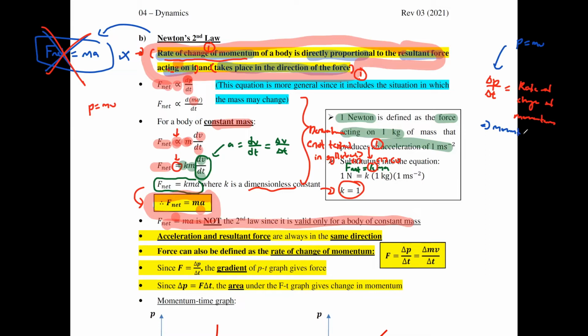Now you see, because we define p equals mv, we will say that momentum changes when either mass or velocity changes. Specifically, we define rate of change of momentum as being directly proportional to resultant force.